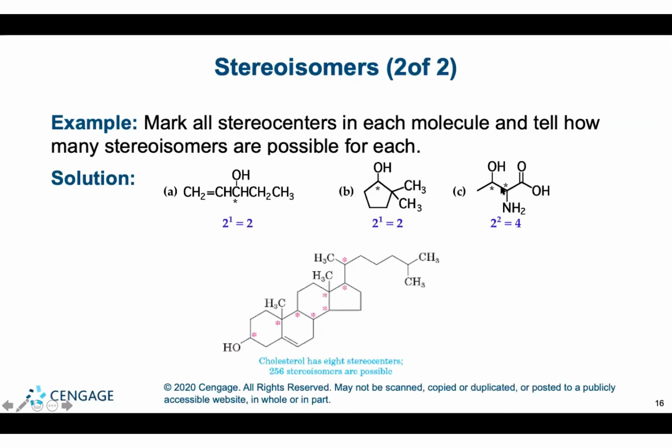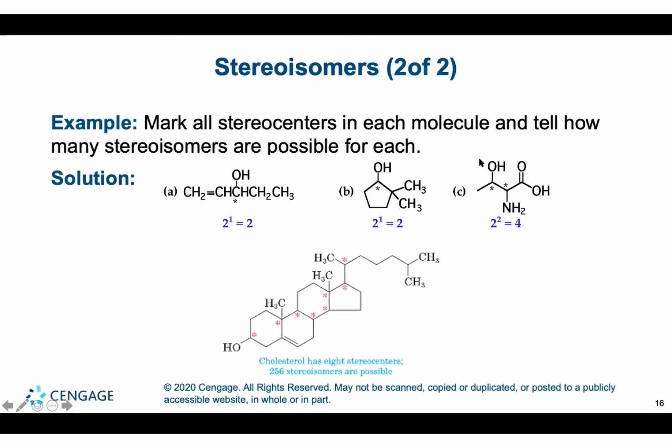In this one, I have 2 chiral centers. So I put the 2 on top here. I have a maximum of 4 stereoisomers. How do you find the stereoisomers in this compound? First, one OH on the left side, one NH2 on the right side. Then you flip these two, one NH2 on the top, one OH on the bottom.